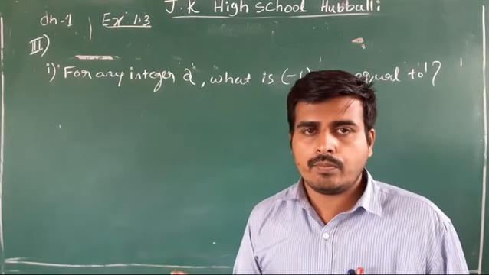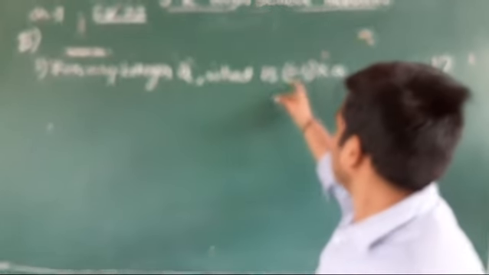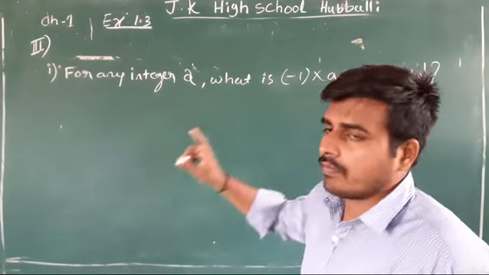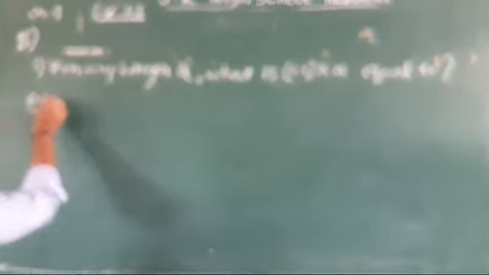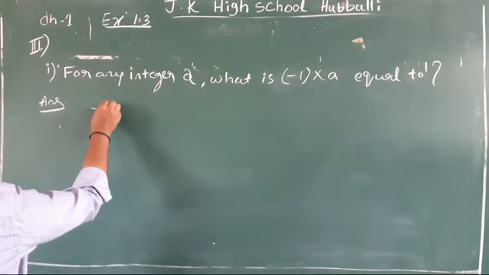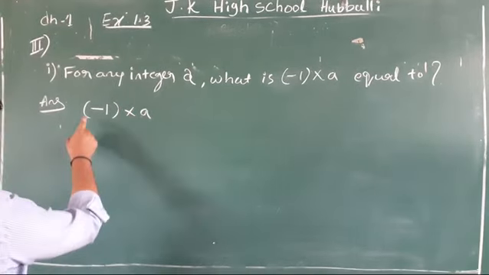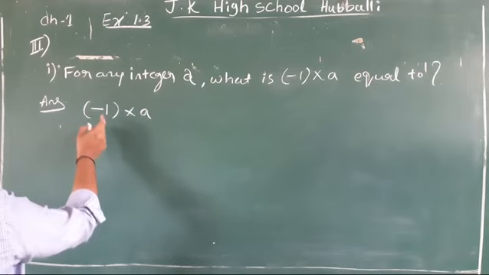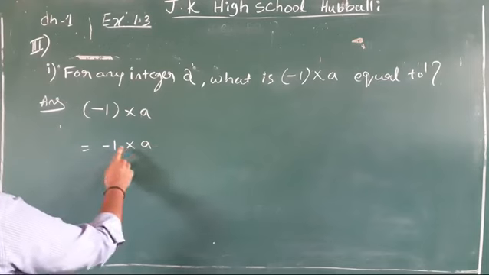But in a better, proper manner, if I multiply minus 1 to any integer, I will get minus a. Our answer: for any integer a, what is minus 1 into a? If you open the bracket, plus into minus, minus 1 will come outside into a.